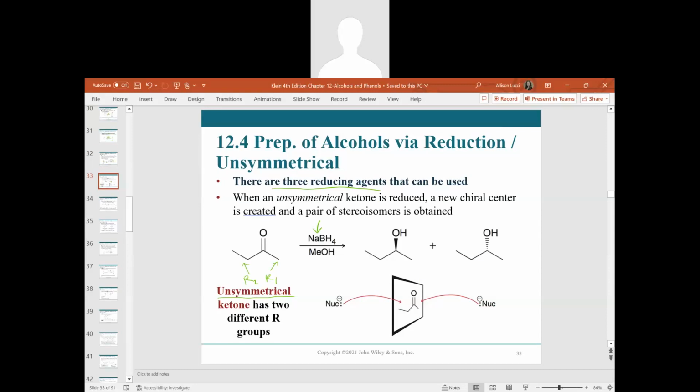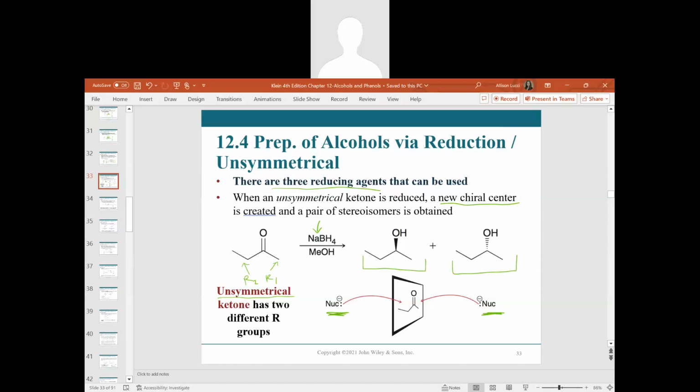So what happens is that when that nucleophilic attack happens with an unsymmetrical ketone, it will be reduced and produce a new chiral center. So we generate a pair of enantiomers, right? Our stereoisomers that result. One would have R, one would have S configuration, and then that's shown down here.